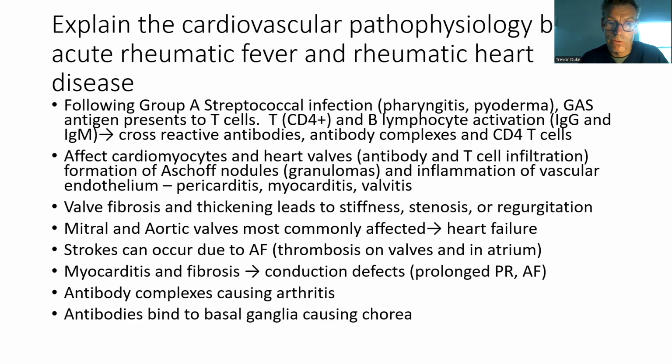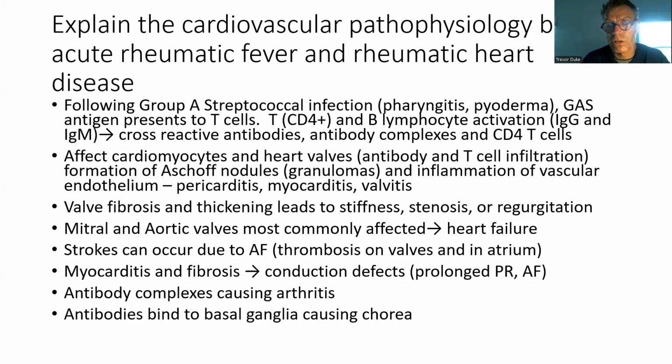As I said, the inflammation of rheumatic fever can occur on the valves, or it can occur in the heart muscle, and that can lead to conduction defects. So if there's a conduction defect, remember the two major aspects of conduction are the sinoatrial node and the AV node, and the two common ECG changes of acute rheumatic fever or rheumatic heart disease are a prolonged PR interval.